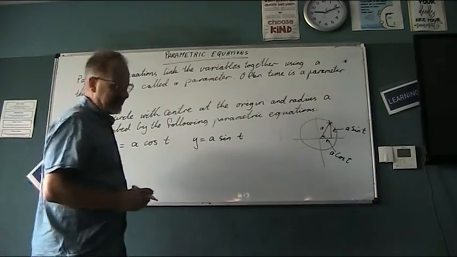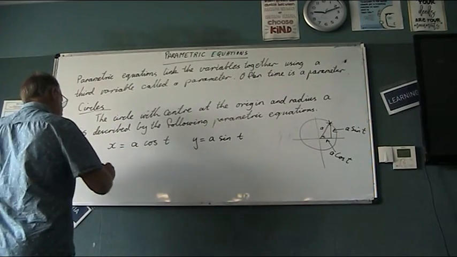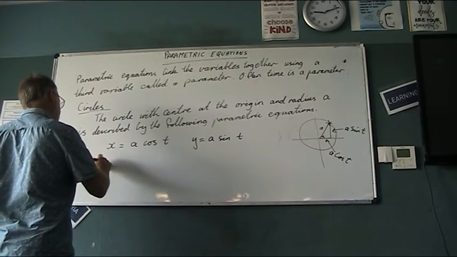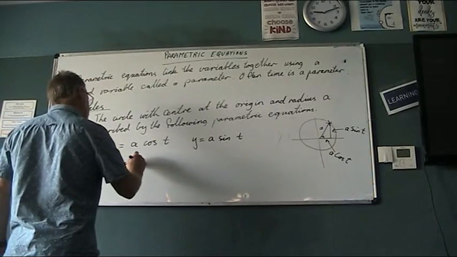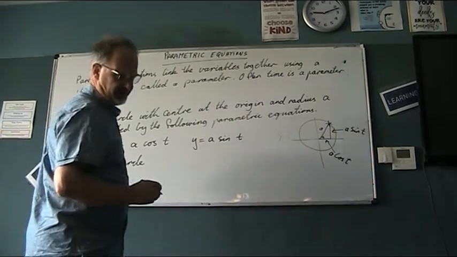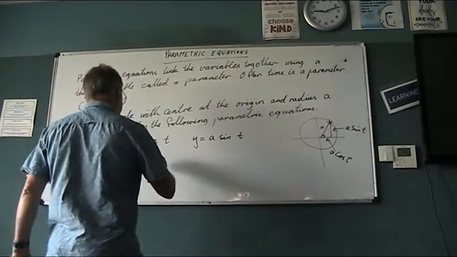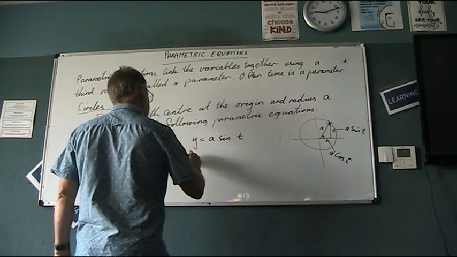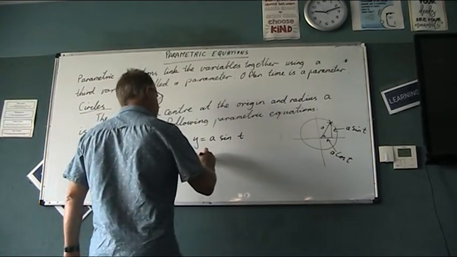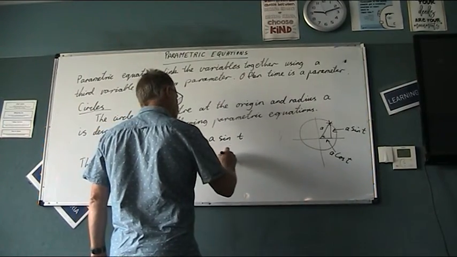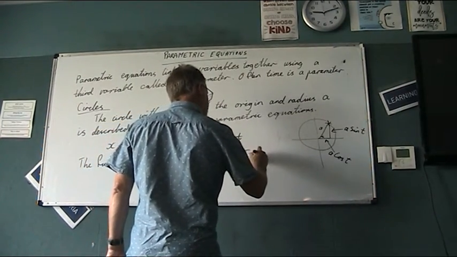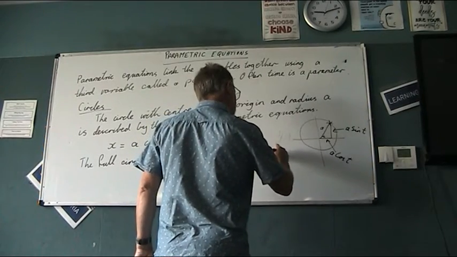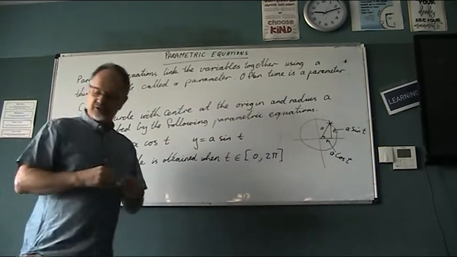And we get a full circle when t is between 0 and 2 pi. You get a whole circle.